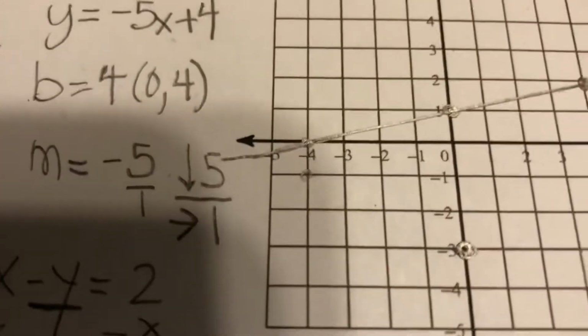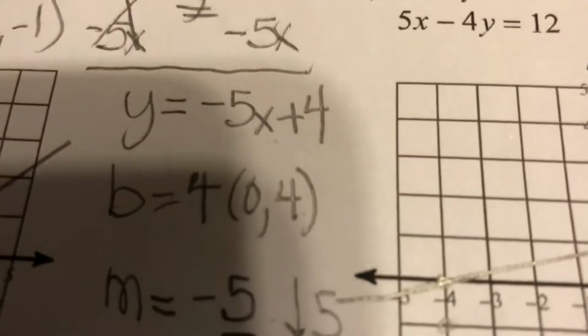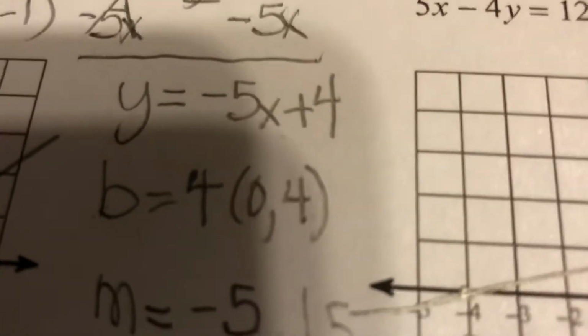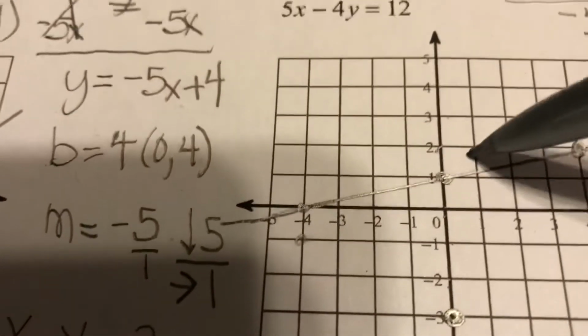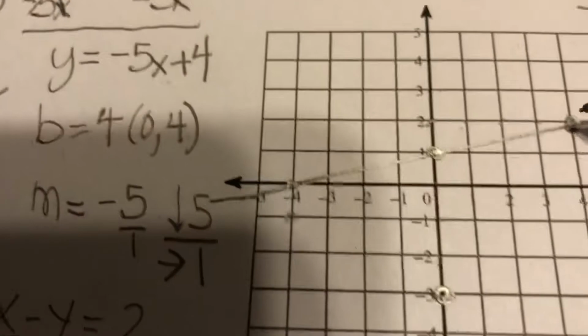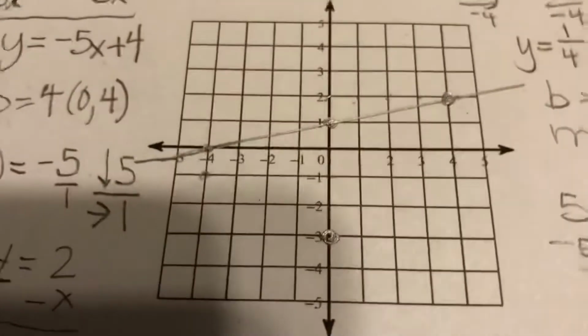I am going to move up 5 and over 4. And you can see there's going to be the point that they're going to intersect is right there. Up 1, 2, 3, 4, 5, over 1, 2, 3, 4. So they are going to intersect at this point, but let me go ahead and draw my line.